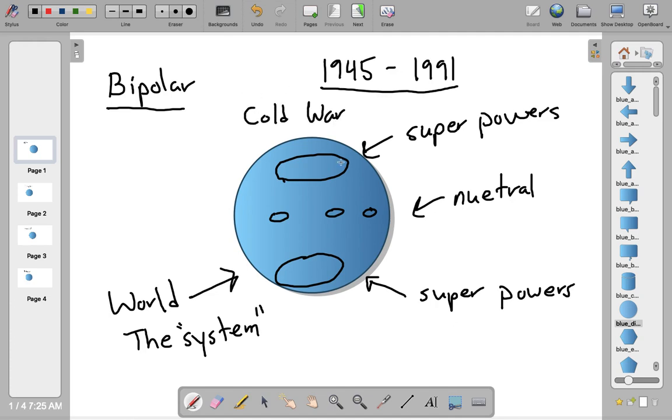And the two major powers were the United States and NATO as its allies. And down here, it would be the Soviet Union and Warsaw Pact countries. Now, over time, some cracks did appear in some of these alliance systems, which we'll go over later in the class. Okay, so that's bipolarity.